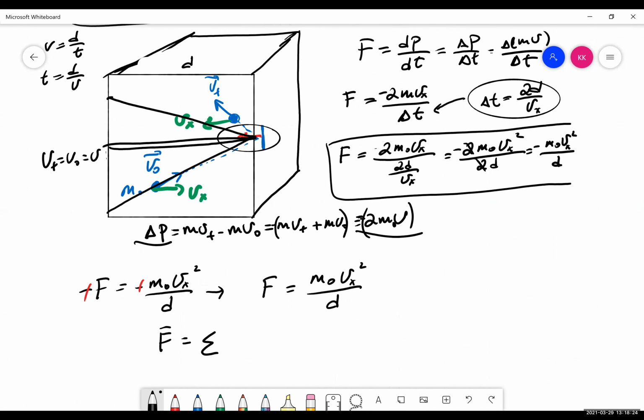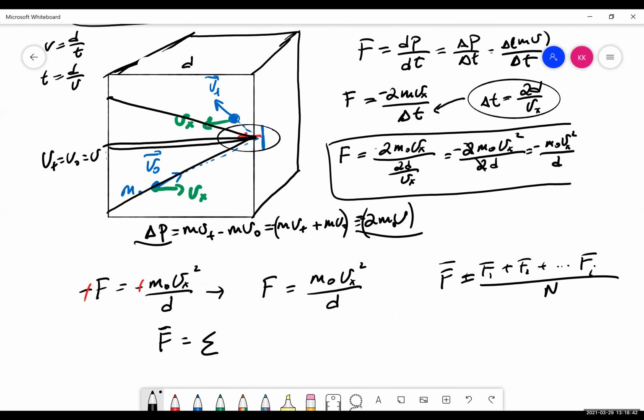The average technically is force one plus force two plus that force of your ith particle, and then divided by n, which is the number of particles.